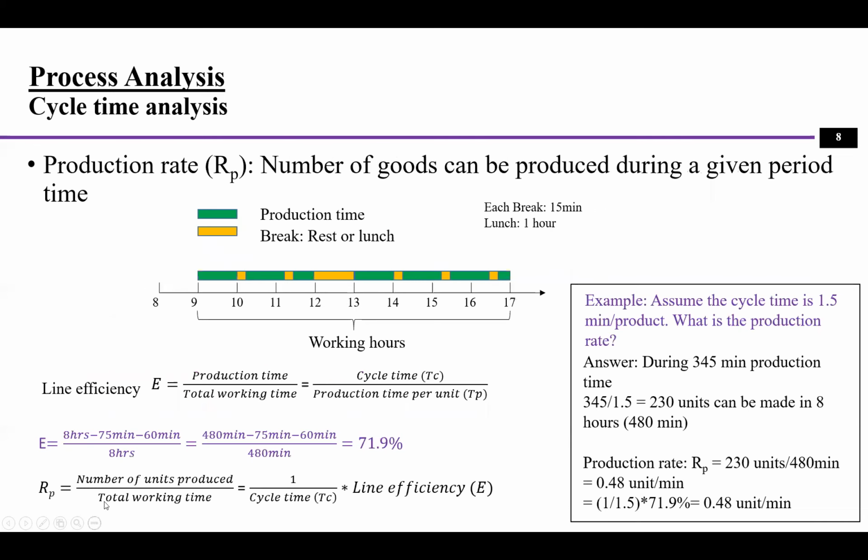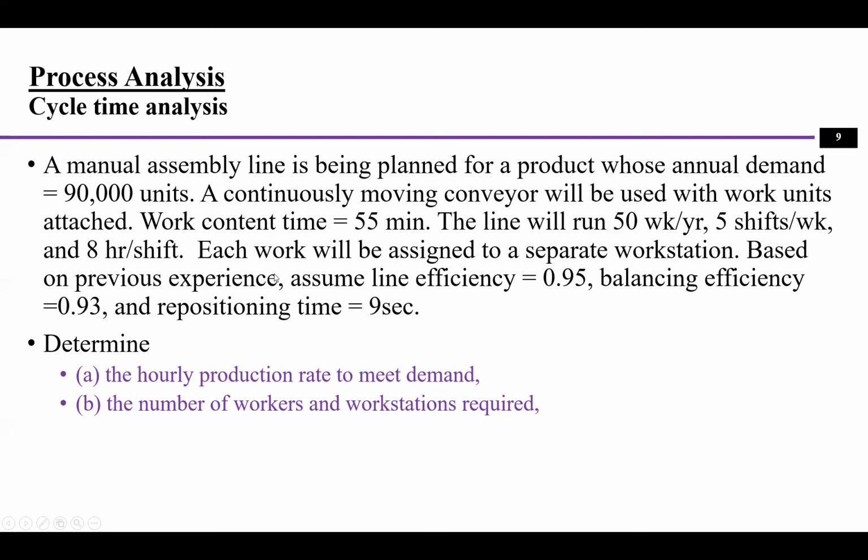What about total working time? Yes, because the line will run 50 weeks per year, 5 shifts per week, and 8 hours per shift. Now we can calculate the total working hours during the year. Total demand of the year divided by total working hours of the year gives the production rate. It's pretty straightforward.